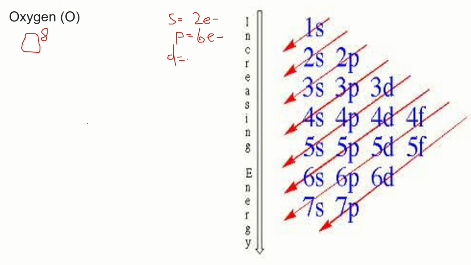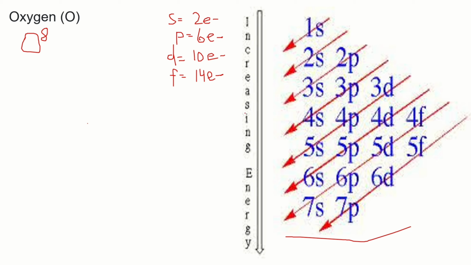D sublevel, 10 electrons. And for the F sublevel, 14 electrons. For the third step, we have to use the mnemonic device. So, here is the mnemonic device.